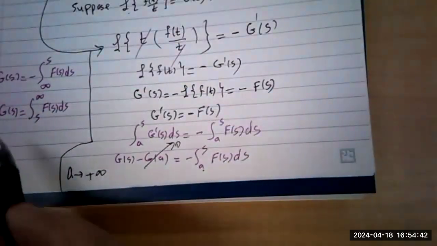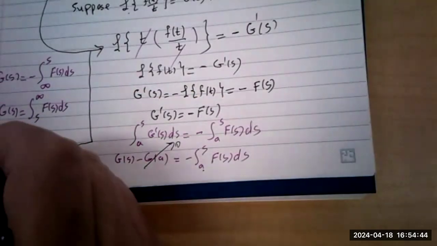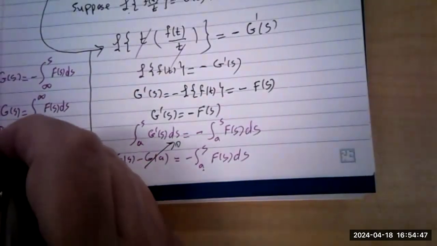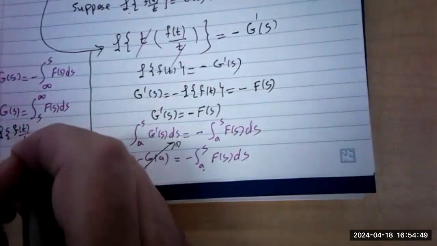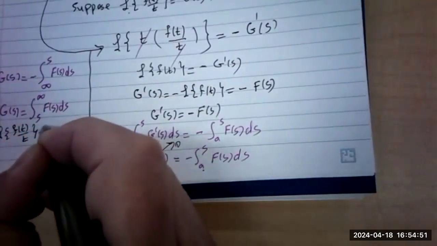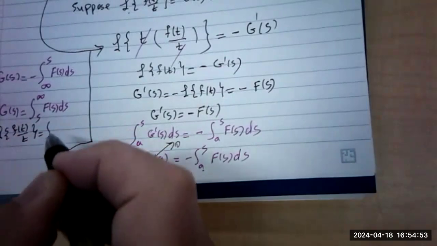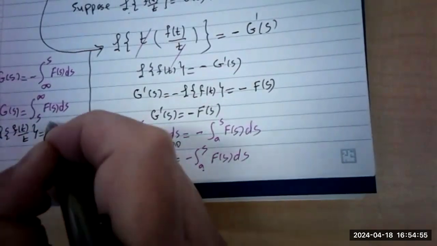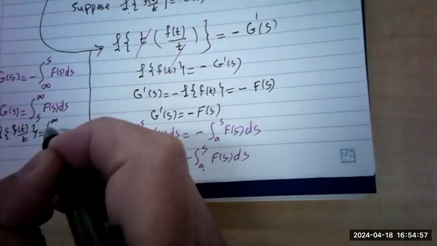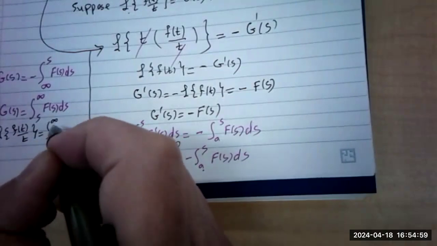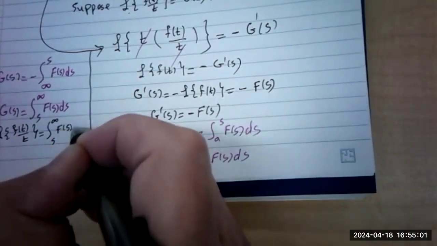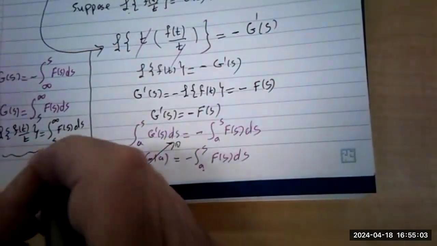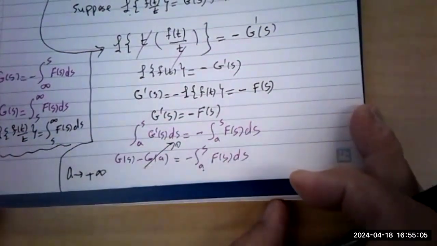But what is g of s? g of s is the Laplace transform of f of t over t, which is going to be the integral from s to infinity of F of s ds.